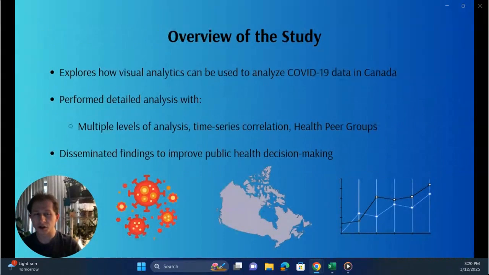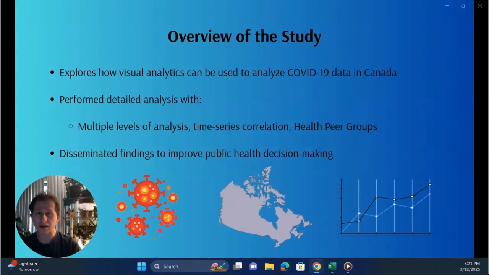In this study, the researchers performed several analyses of Canadian health data related to COVID-19. The researchers' aim was to identify relationships between infection rates, hospitalizations, and socioeconomic characteristics. Through data mining and visualization, they highlight how regional differences in population density and socioeconomic conditions impact disease spread.